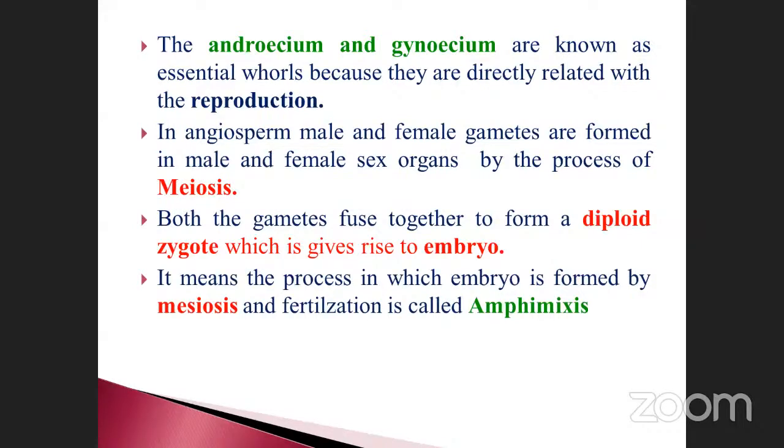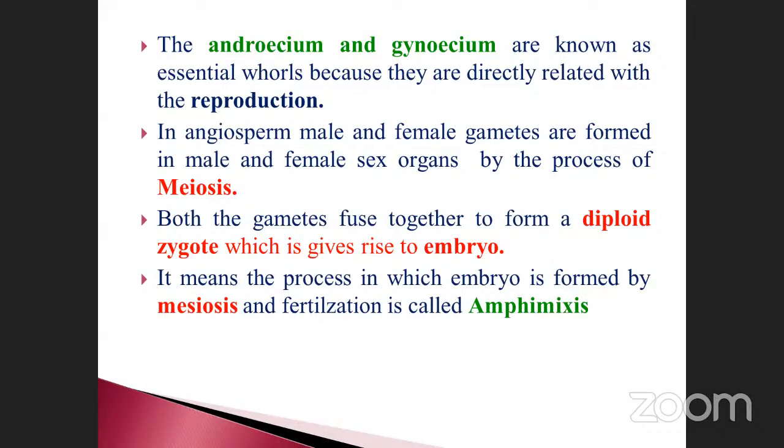That means syngamy is also called amphimixis. Amphi means different gametes, male as well as female, structurally and functionally different in nature, with different genetic sequences. When both are united, that condition is called amphimixis. You got it? Yes, sir.